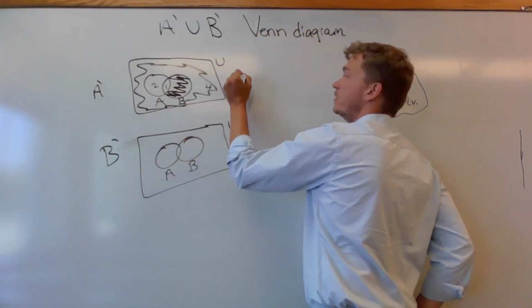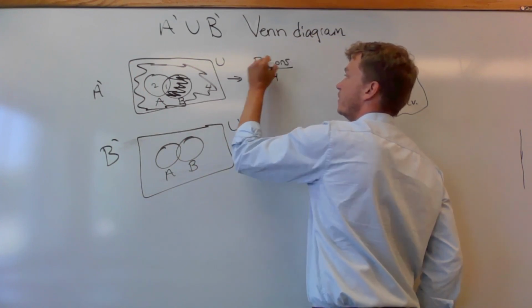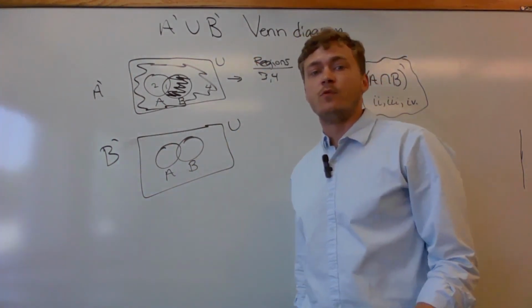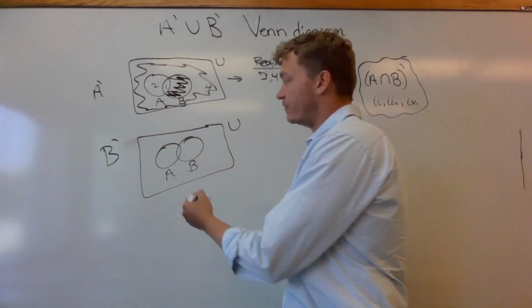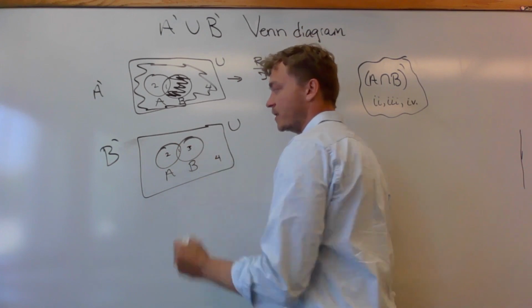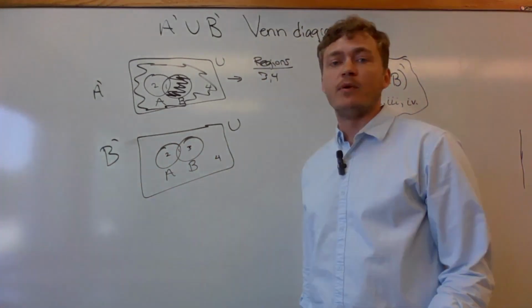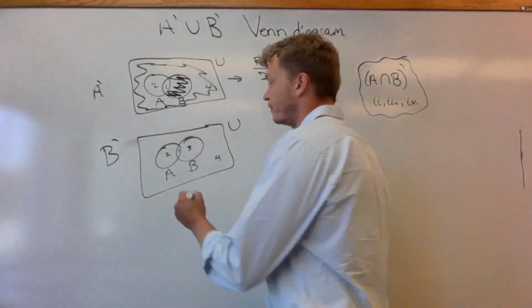So A complement is regions 3 and 4. Now what about B complement? We'll take everything out of B. First off, region 1 in the middle, 2 to the left, 3 to the right, 4 on the outside. If B consists of regions 1 and 3, B complement will consist of regions 2 and 4.